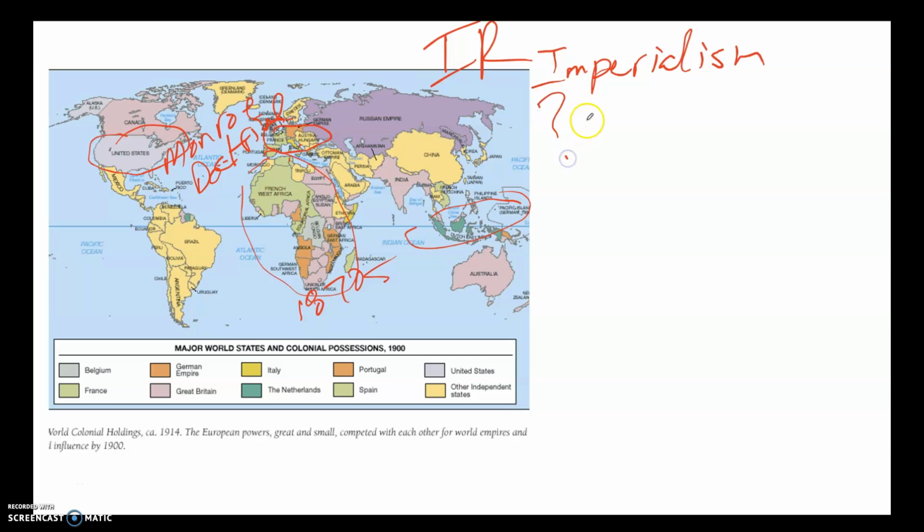And the question is why? Why does imperialism take place in the latter half of the 19th century? So think SPICE groups. Socially, politically, environmentally, culturally, economically, what do you think is the driving force for imperialism? A lot of history is a battle for resources, wealth, capital.